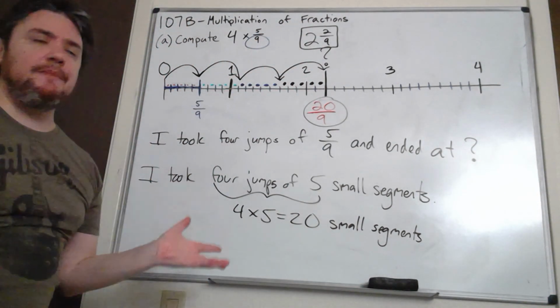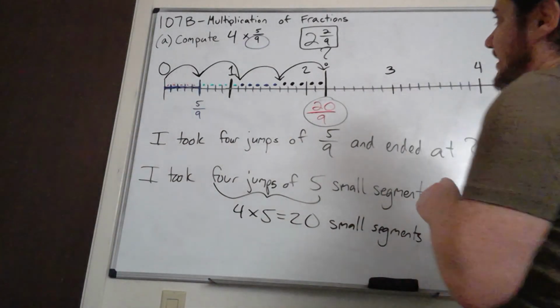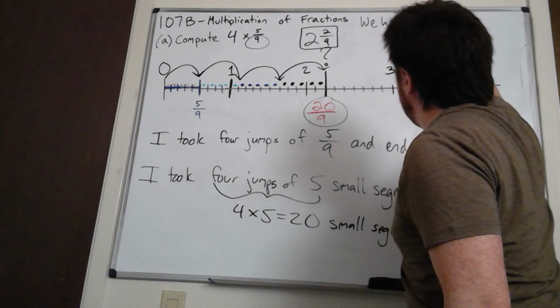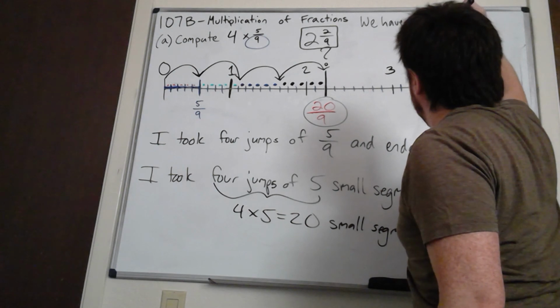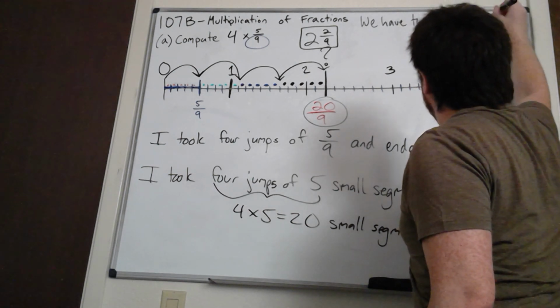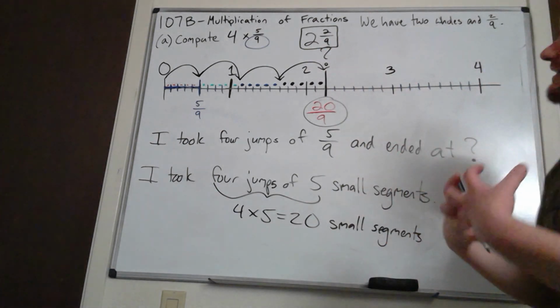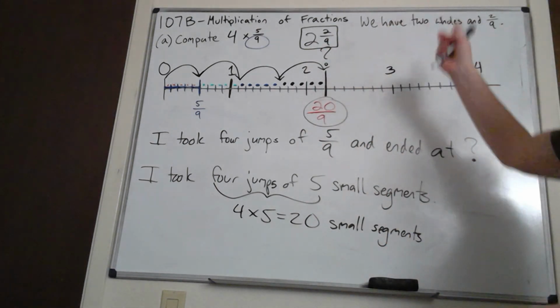So again, I'm going to talk my way through this, but maybe I should write it up. We have 2 wholes and 2/9. Okay, so there's really addition going on there. We're collecting them all together. I've got 2 wholes and then 2/9.